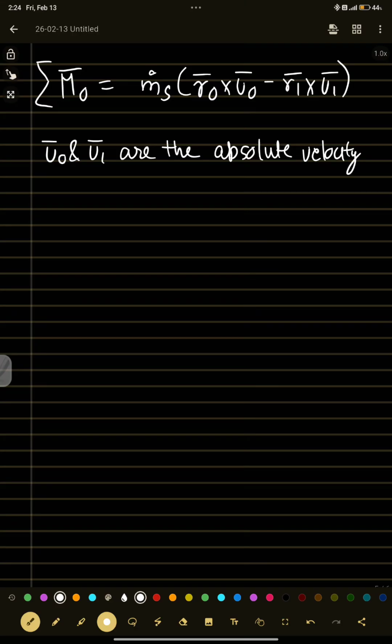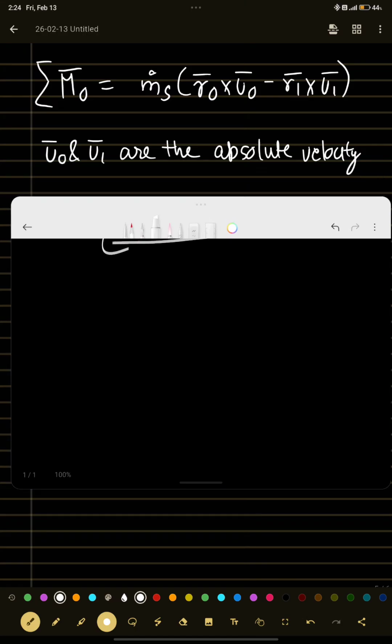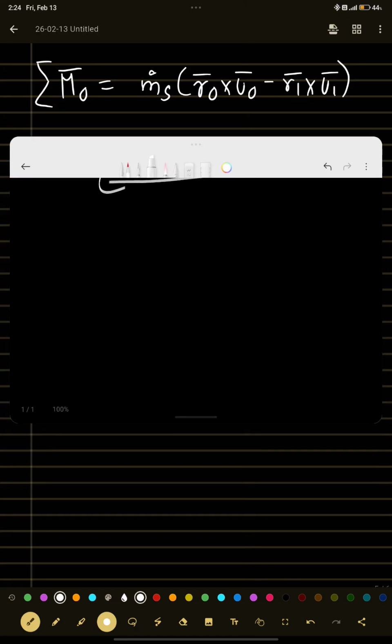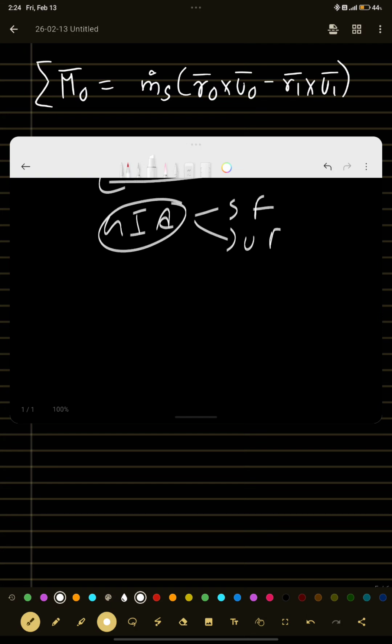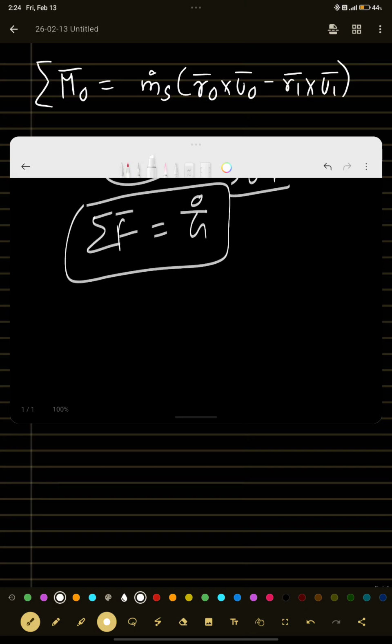So what I have written here, in case it is too small, UO and UI are the absolute velocities of mass leaving and entering the system. Entering the system means entering this fixed volume which you are having. You know an equivalent word for that, control volume.